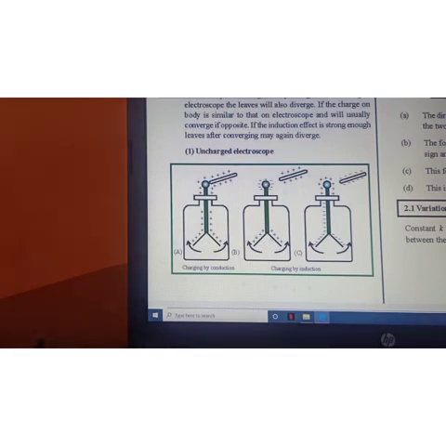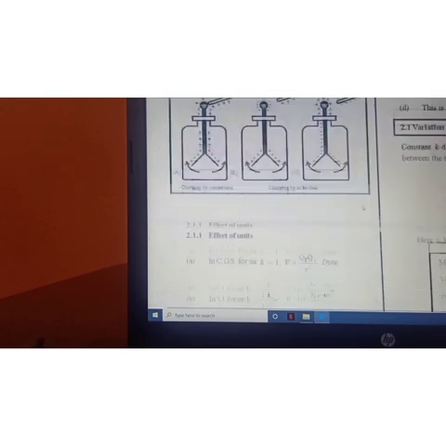Positive and positive repel each other, and the divergence takes place. Similarly, if you want to charge it negatively, then the negative charge is taken here. If you want to charge it positively, then a positively charged body is taken here, and this one is grounded with a conducting wire.